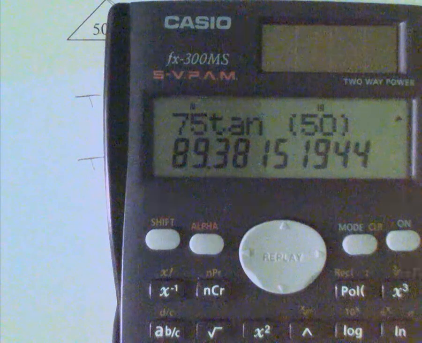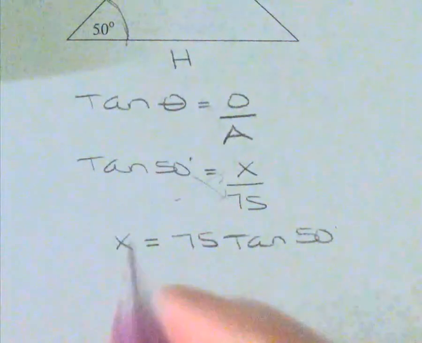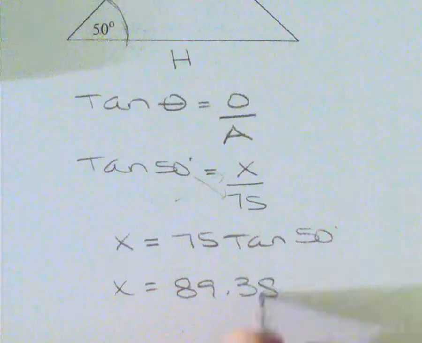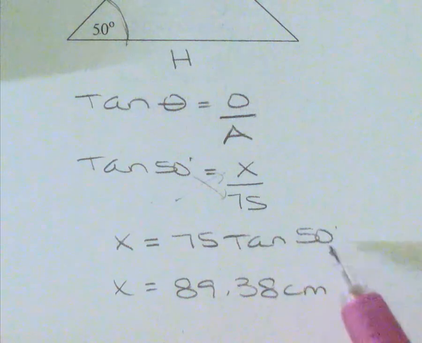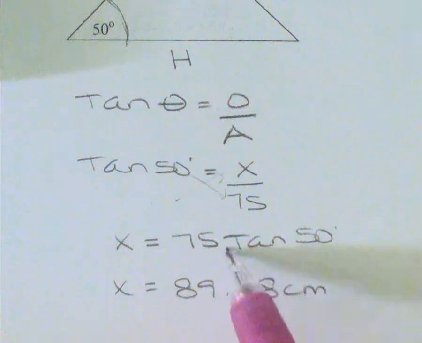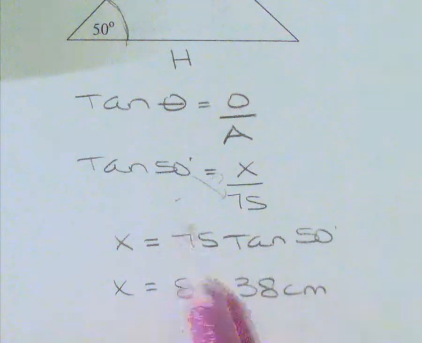And I get approximately 89.38. So I get x is equal to 89.38, and it's centimeters. If you have a different kind of calculator, you might have to do 50 tan times 75 equals.